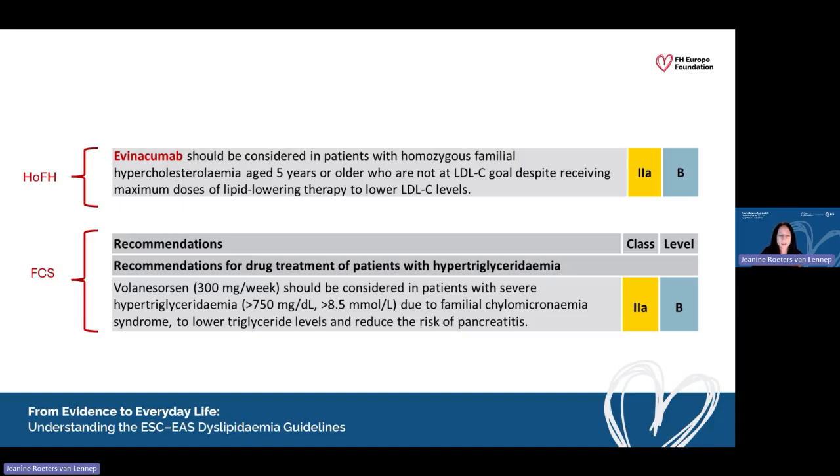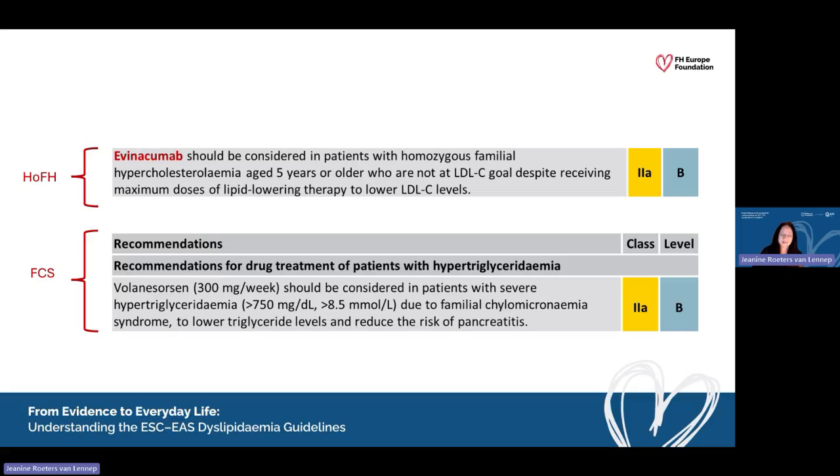There's also a new recommendation for people with FCS, because now the first drug is mentioned in the guidelines, volanesorsen, that's the ApoC3 inhibitor, which should be considered in patients with FCS to lower triglycerides and reduce the risk of pancreatitis.